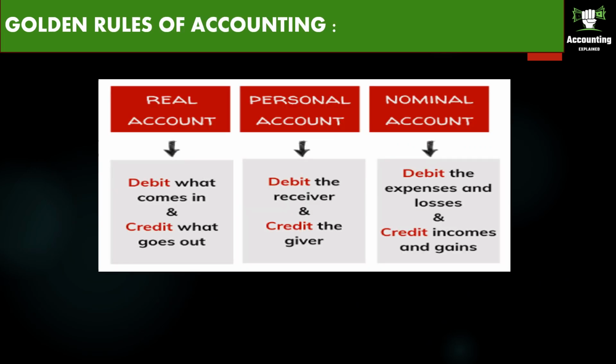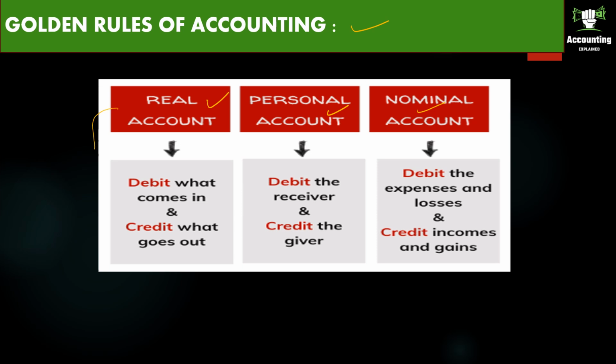Before proceeding to writing journal entries, let us now learn what the golden rules of accounting are. See, under golden rules of accounting, accounts are categorized under 3 categories. They are real accounts, personal accounts and nominal accounts.